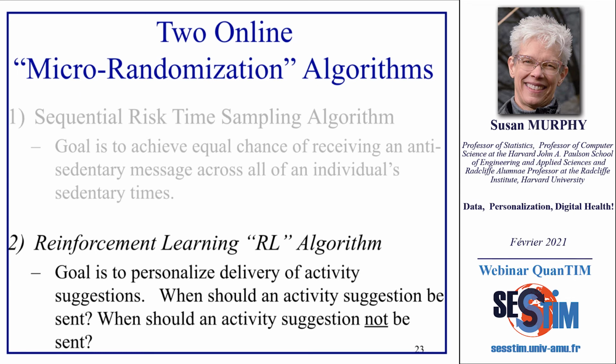We actually have 2 online algorithms running, but we're going to focus on this RL algorithm here. And this RL algorithm, this personalization, is all about when should you deliver an activity suggestion? When should you not deliver an activity suggestion?